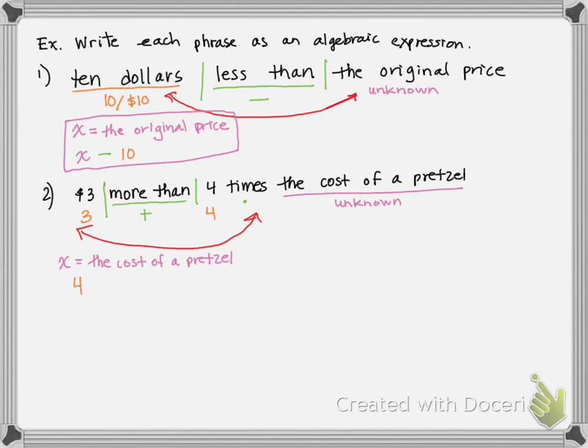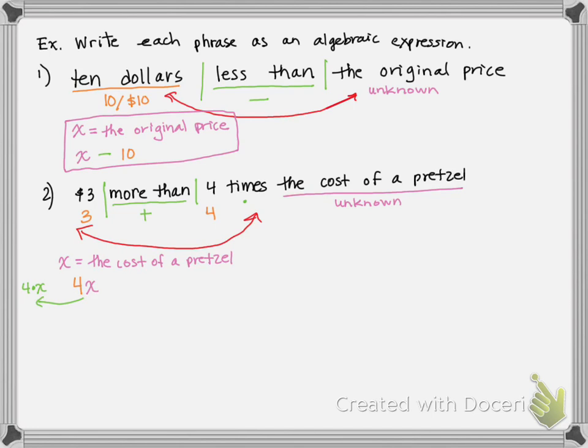So I'm going to write 4 and then times, and remember what we talked about in the last set of notes is that if I put a number butted up to a variable, what we might not see is that this means times. So if I don't see the operation, it's always multiplication, okay?